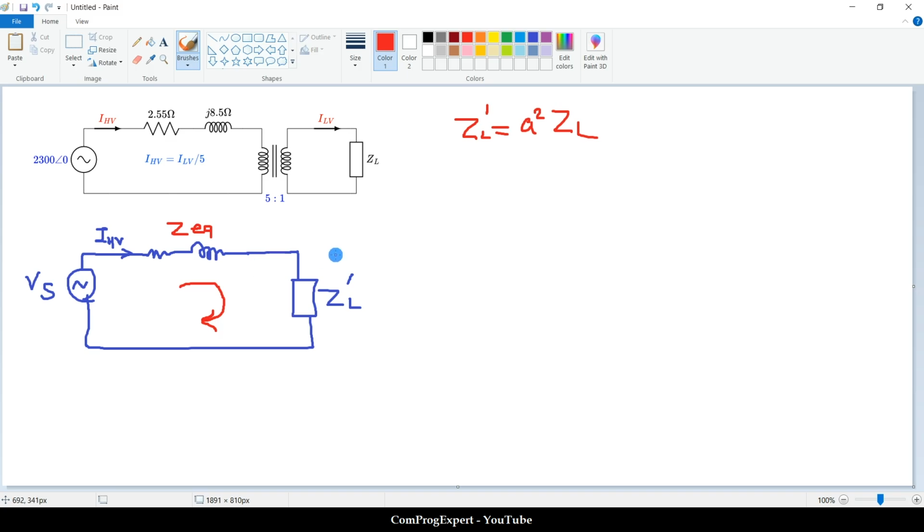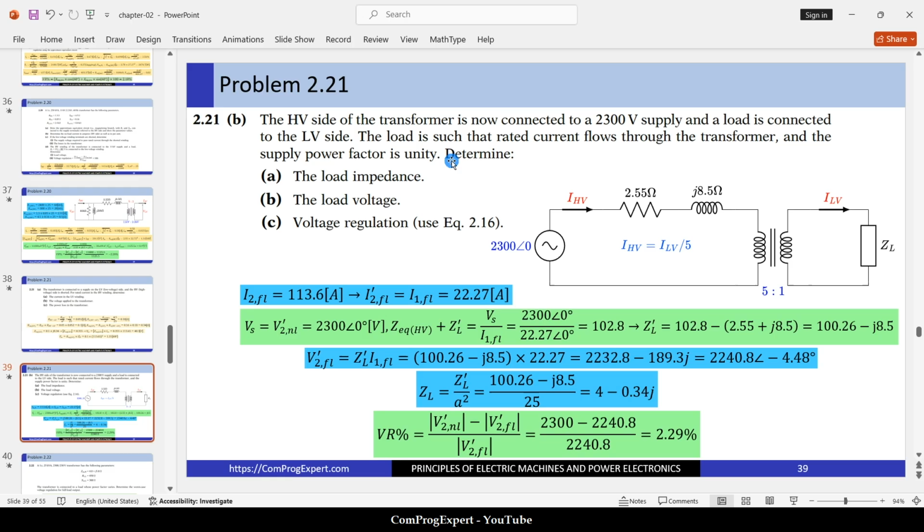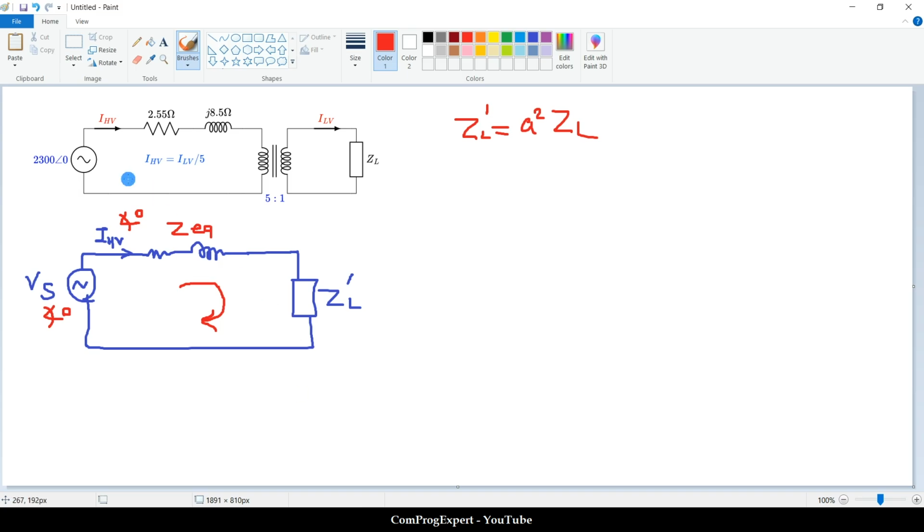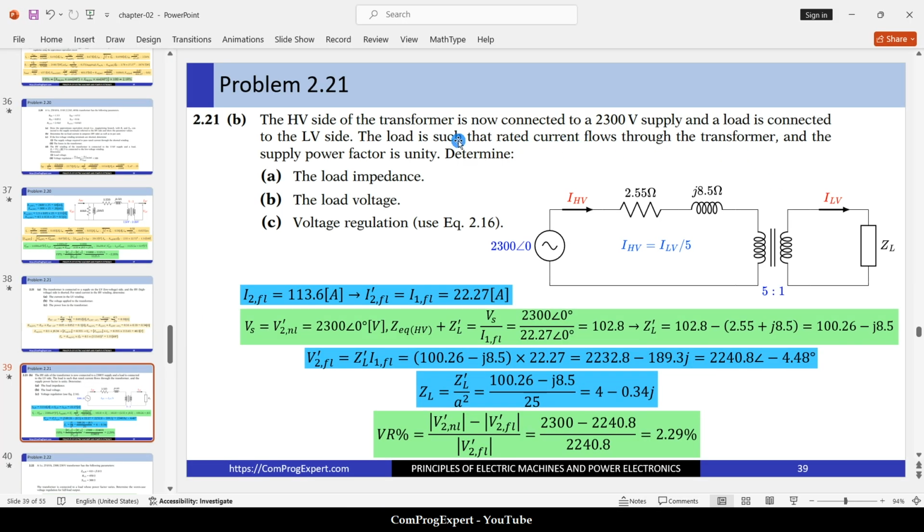Because the power factor of the supply is 1, if we consider the angle of the Vs equal to 0, the angle of the current also will be 0, because the power factor is unity. Here it is given in the problem. In this case, the amplitude of the current is equal to the rated one, because we have full load current.